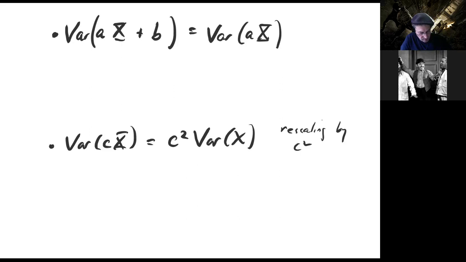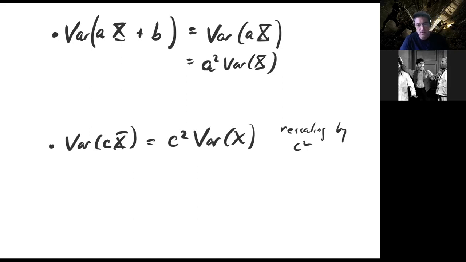So if you believe this rescaling statement, then the variance of ax plus b is a squared times the variance of x. And these are the basic properties.